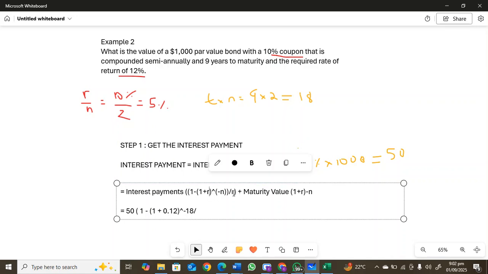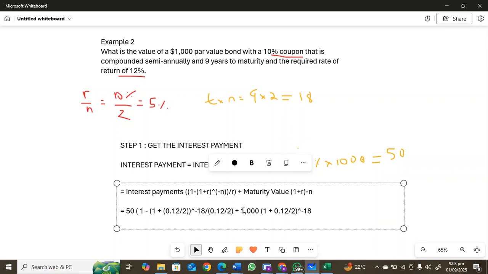So even here, this 12 divided by 2, to the power negative 18, over 0.12 divided by 2, plus maturity value 1000 here, 1 plus the rate 0.12 divided by 2 to the power negative 18. Thank you, Mr. Triwell, for that.